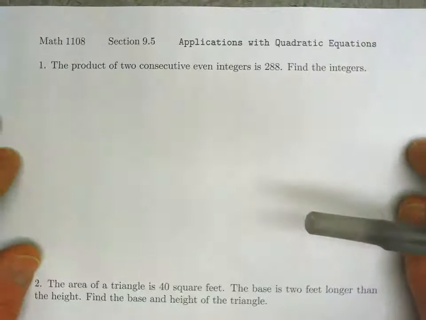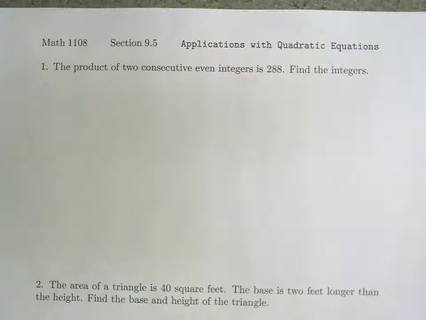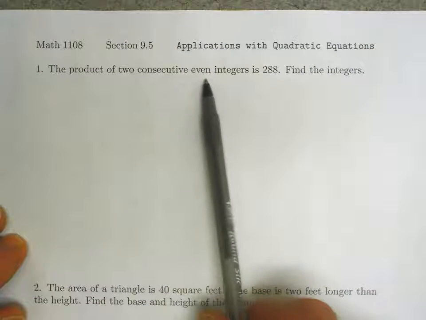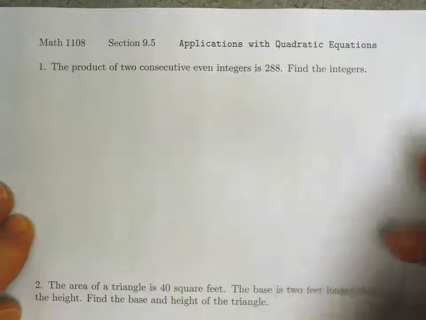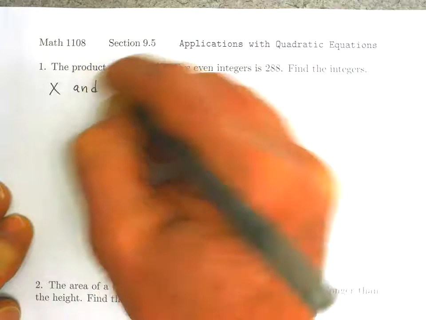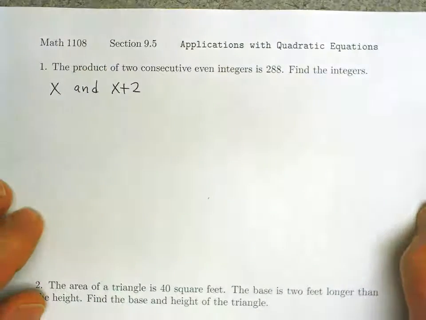So let's try this one. The product of two consecutive even integers is 288. Find the integers. Okay, consecutive even integers differ by 2. So we can pick x and x plus 2 to represent the two integers.